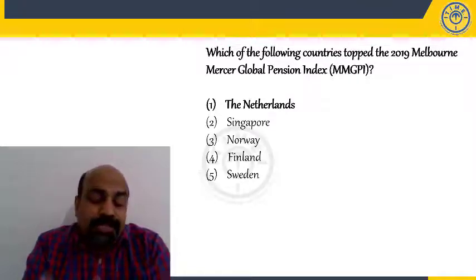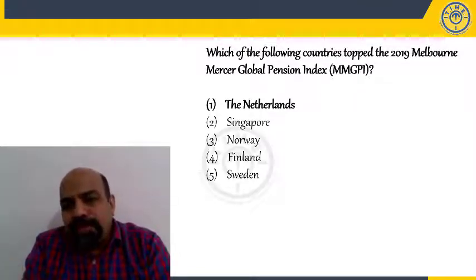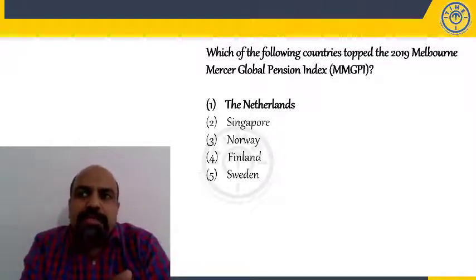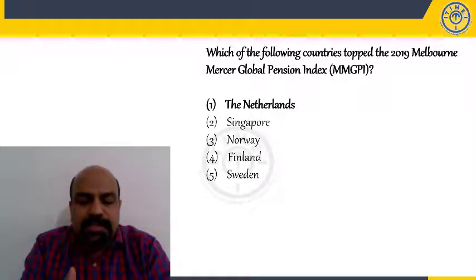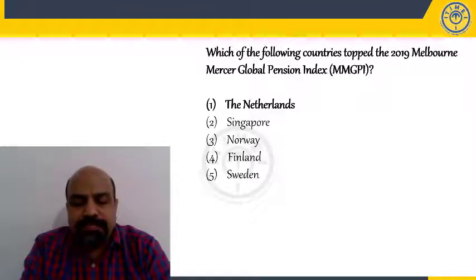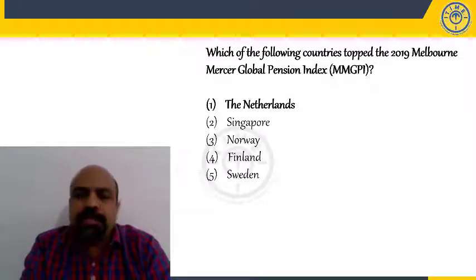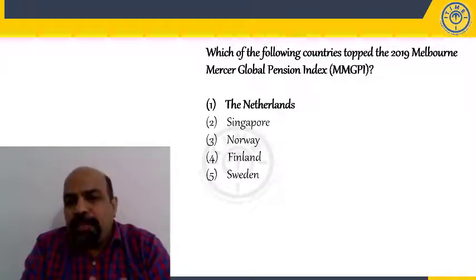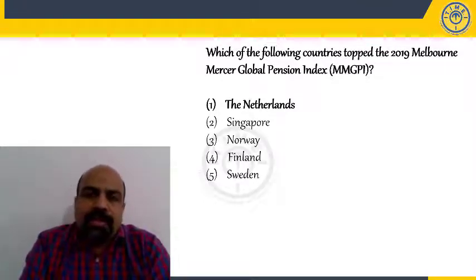Okay. Now you could write the next point. MMGPI, this index, ranked 37 countries. Below that, top 5 ranks. 1.